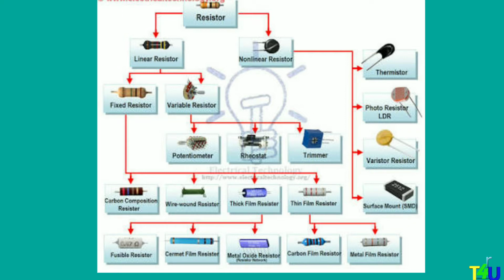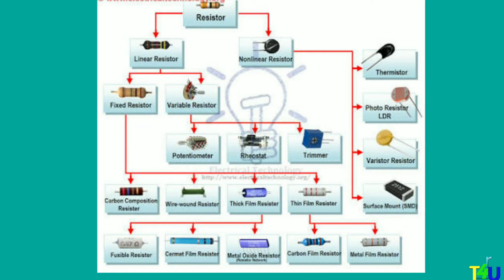Now speaking about the applications of fixed resistors. Carbon composition resistor is used for applications where there is generation of high energy pulses. Wire wound resistor is bigger in size, so it is used for high temperature applications, as well as high voltage applications.